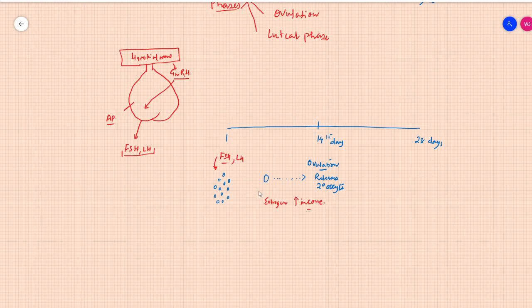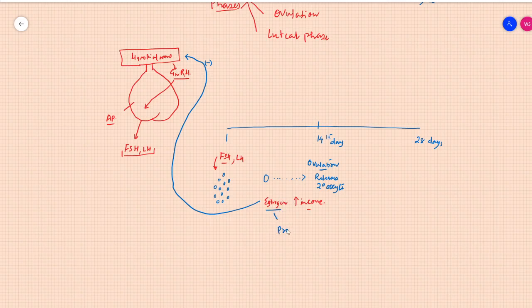So this estrogen, what does it do? This estrogen has a negative feedback on the hypothalamus. So initially, the concentration of estrogen, where is the estrogen produced?